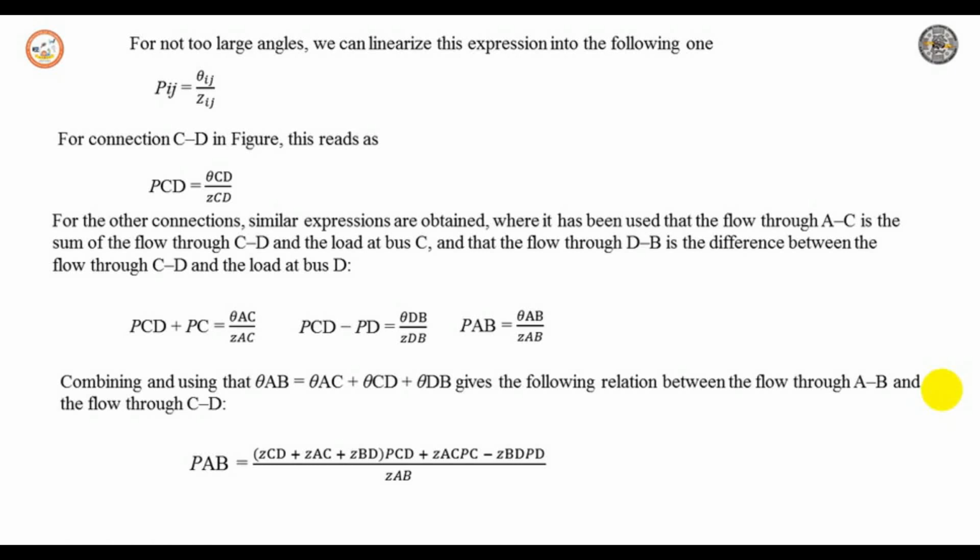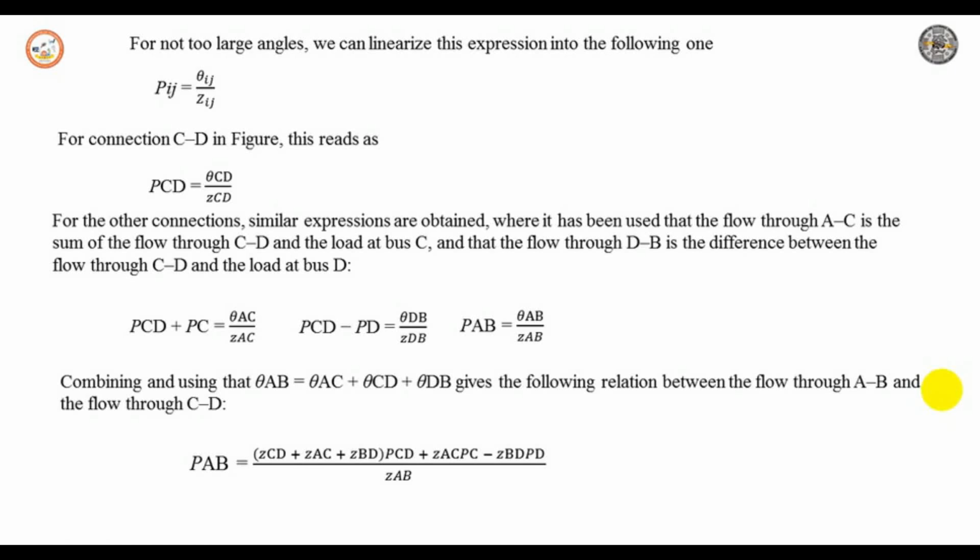Here, the power flow through CD and the load at bus C, if I add those two, I will get the following equation, that is PCD plus PC is equal to theta AC divided by ZAC, where ZAC is the impedance of the line AC.